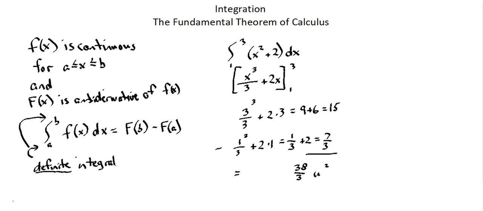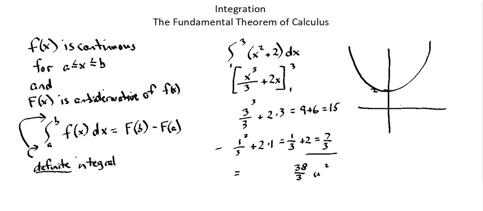So to have a visual, let's create a graph with our function y equals x squared plus 2 and show this region from 1 to 3 on the x-axis. So I'm going to mark off 2 on the y-axis, and x squared plus 2 is about like this.